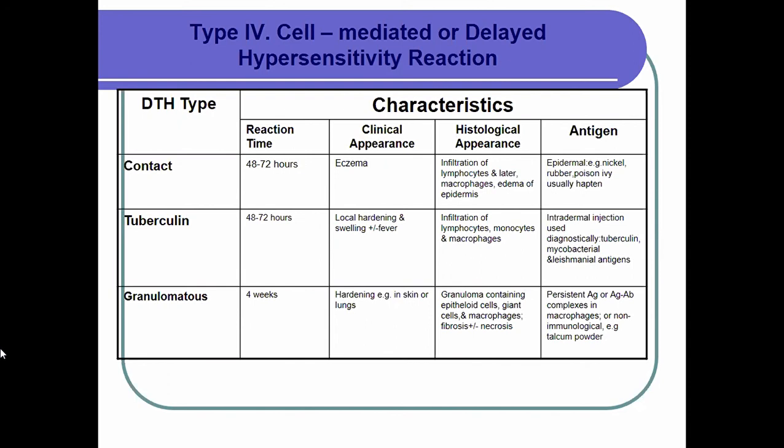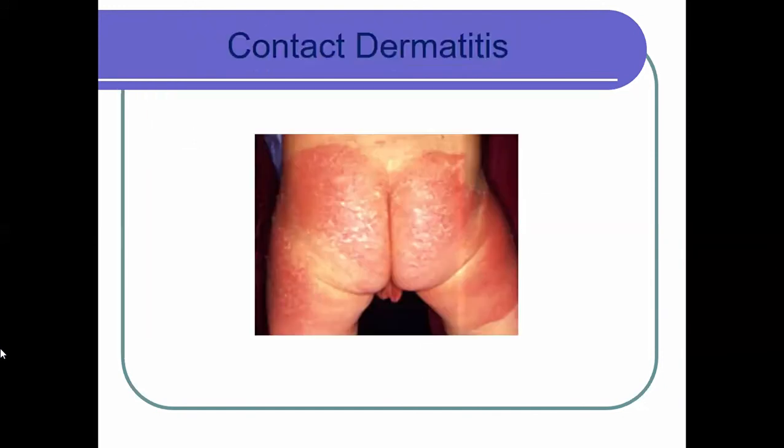We have contact dermatitis, the tuberculin reaction, and some granulomatous reactions. The following slides are examples of type 4 hypersensitivity reactions.